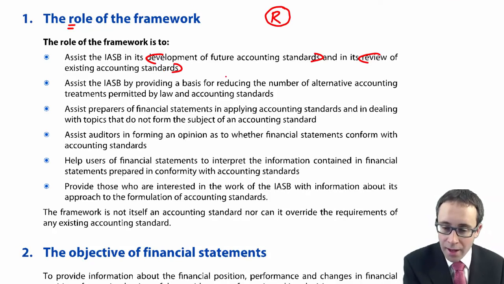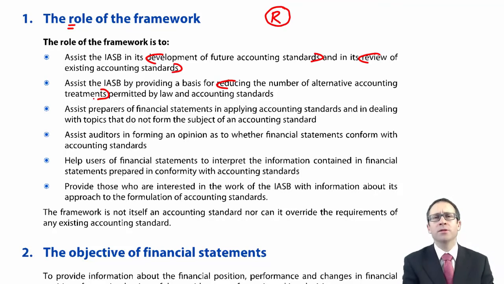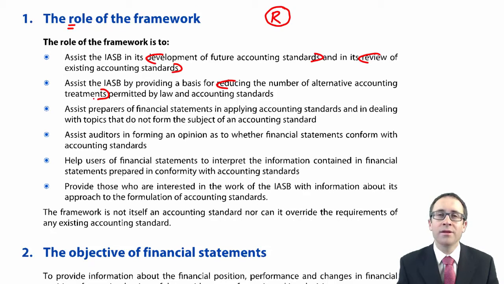The framework also reduces the number of alternative accounting treatments. In the past, when we first developed the international accounting standards, a lot of them had alternative accounting treatment for the same item. One of which we'll touch upon later within the course is borrowing costs.